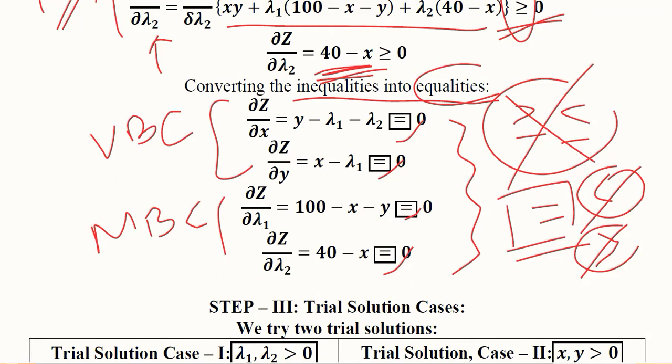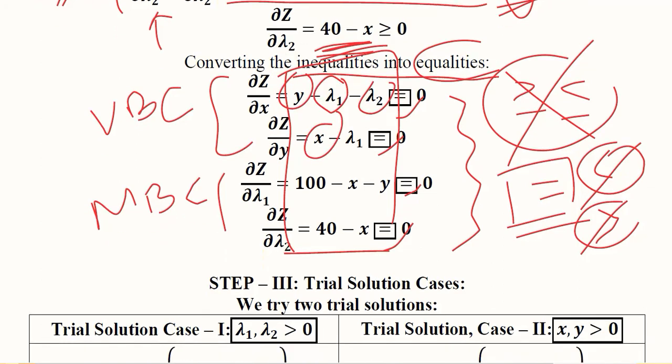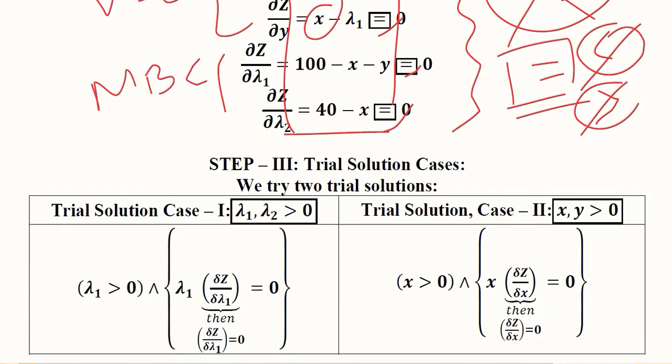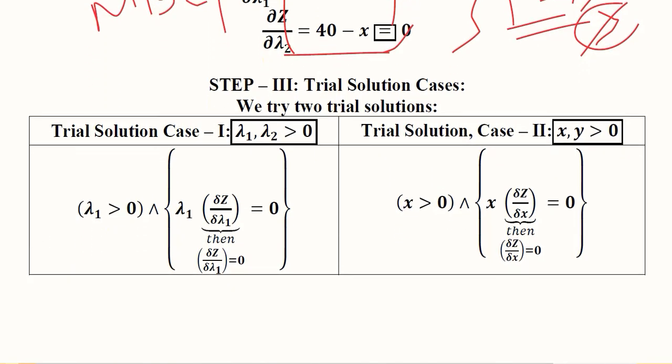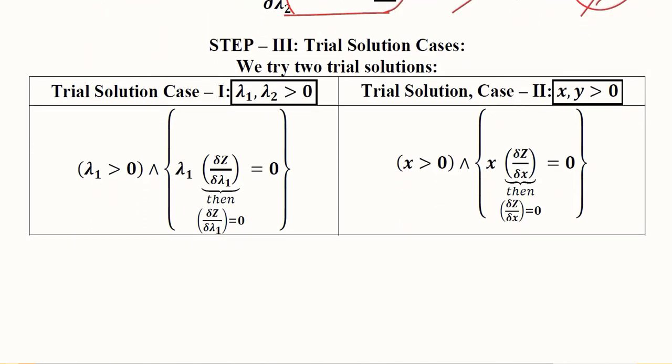As we can see, it is a simultaneous set of equations. We have 4 equations and we have 4 unknowns, so we can solve them simultaneously. In nonlinear programming we have 2 ways to do this. We have basically 2 trial solutions, that is case 1 and case 2.